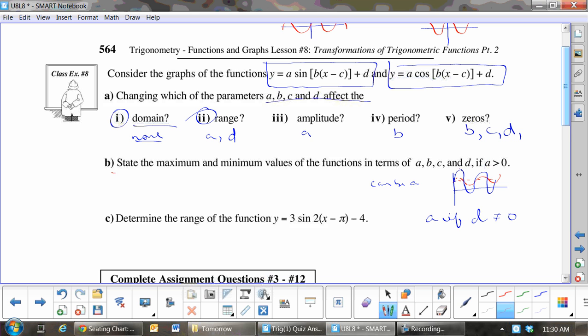Now, state the maximum and minimum values of this graph. So y equals a sine b x minus c plus d. I want to see how good you can think generally. How can you from this formula find the maximum value on that graph?